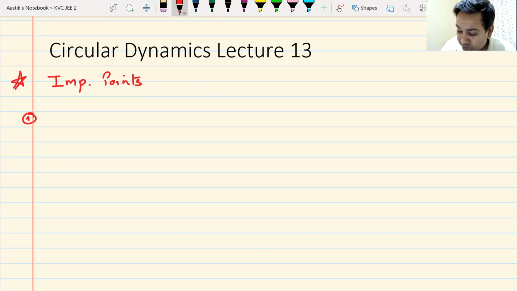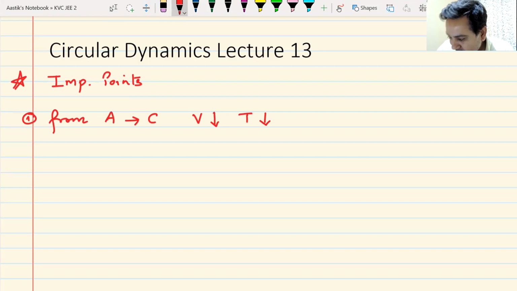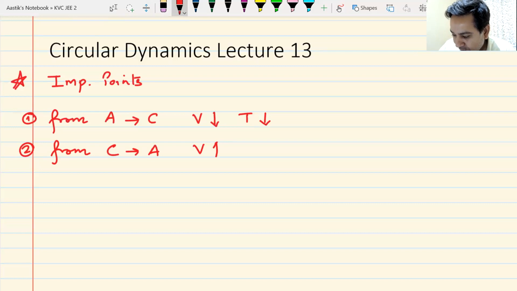Point number 1, from A to C, speed decreases, tension decreases. From C to A, speed increases, tension increases.